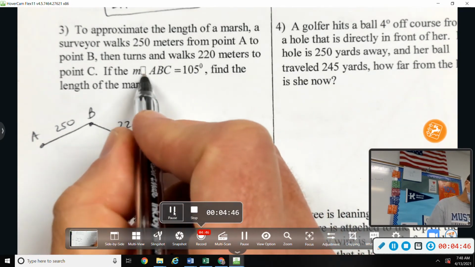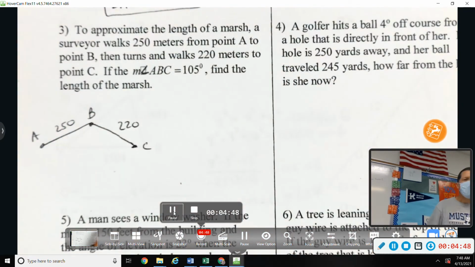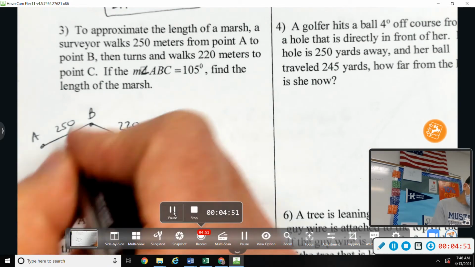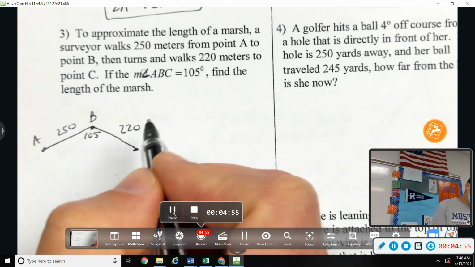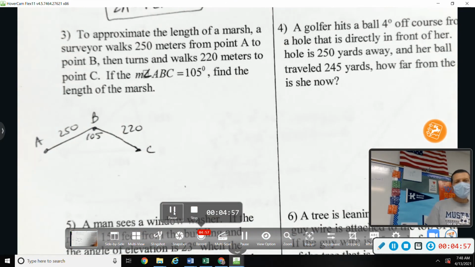If the measure of angle ABC is 105, find the length of the marsh.